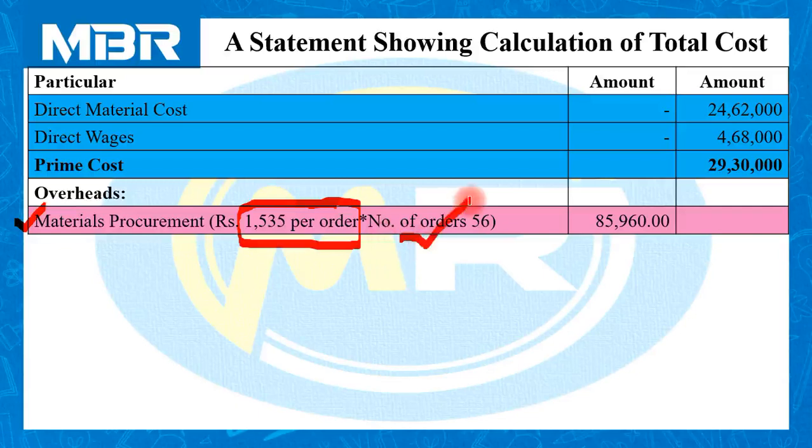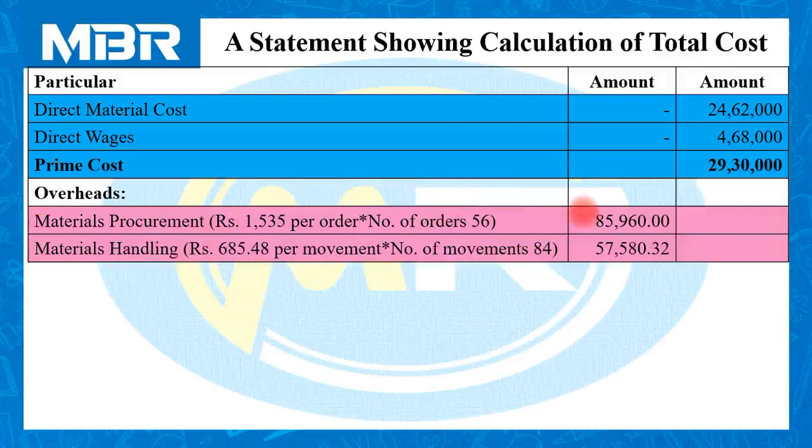Number of orders are ready-made given to us. During the period of calculation, we have placed 56 number of orders. So 1535 multiplied by 56, total 85,960 dedicated to this job, this process, this task.